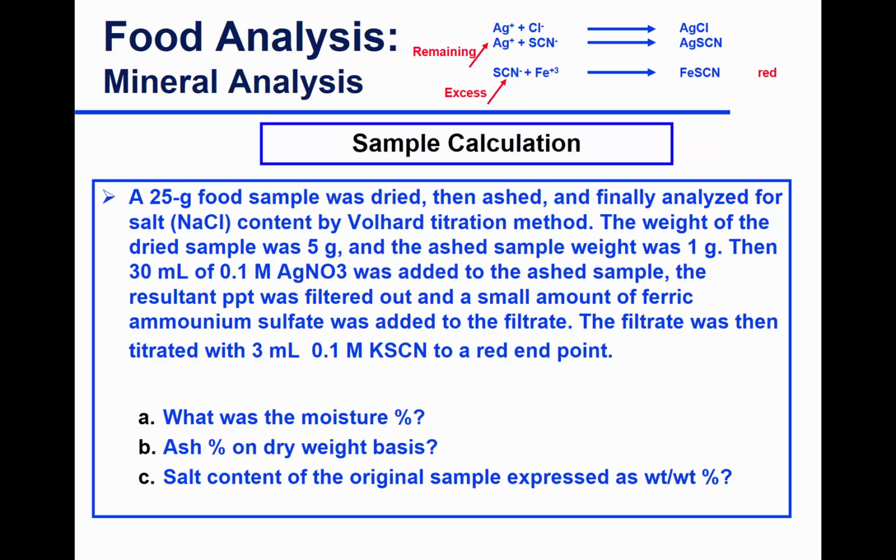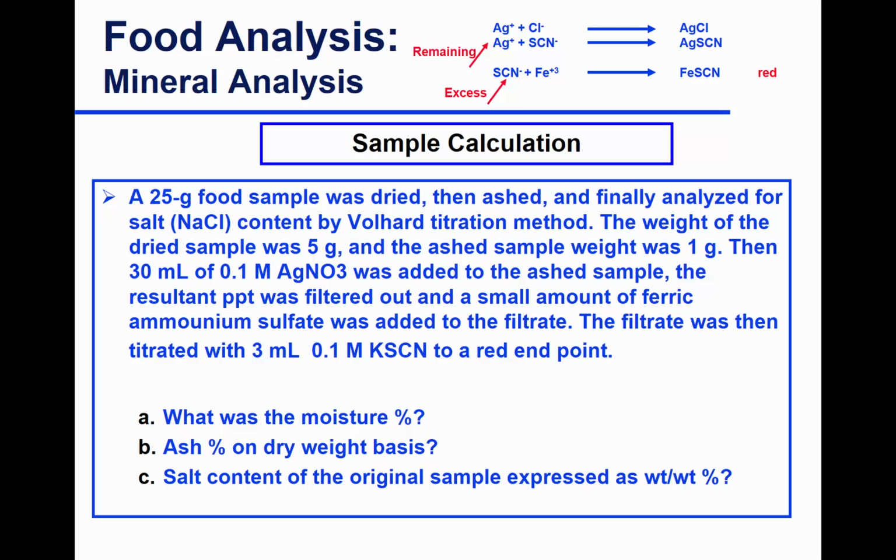And then I calculate the amount of this one used to titrate the remaining silver. Molarity equals number of moles per liter. 0.1 molar is 0.1.